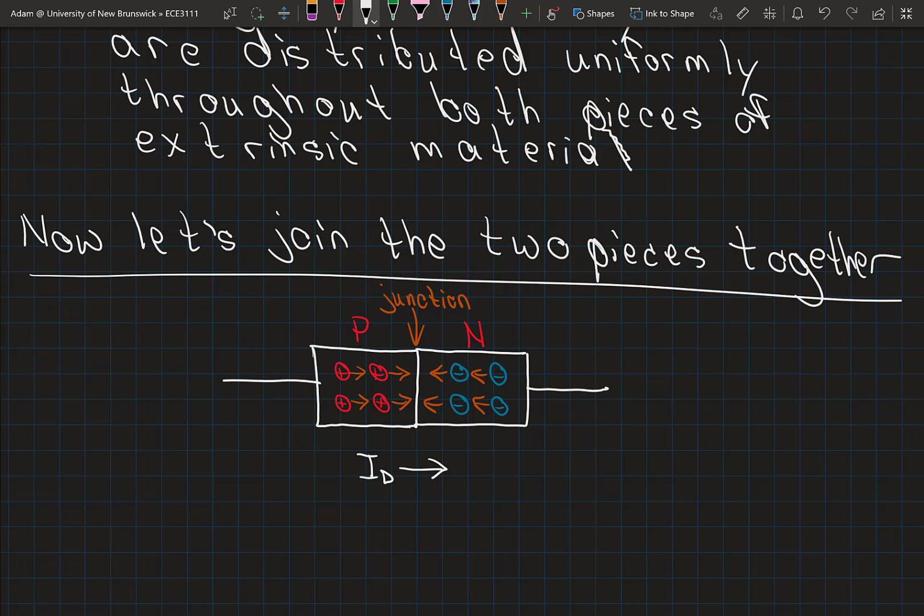That's the direction that positive charge is moving. Negative charge is moving the other direction, but even for the movement of negative charge, we would consider the actual current flow to be in the opposite direction. Okay, so we'll call this majority carrier diffusion, in the direction from left to right.